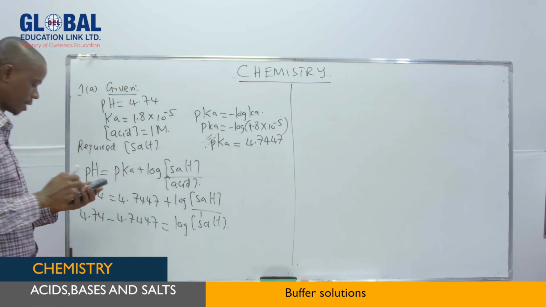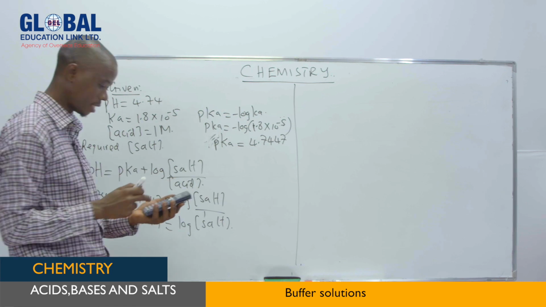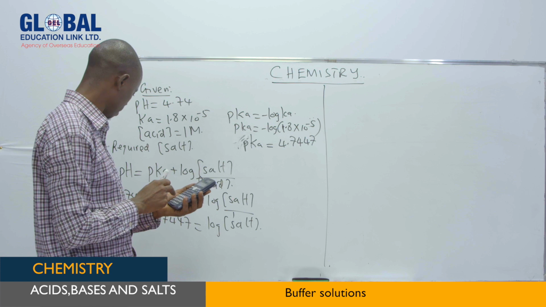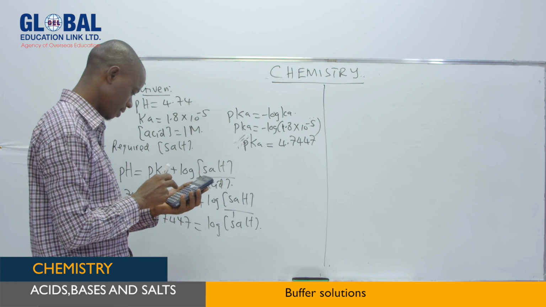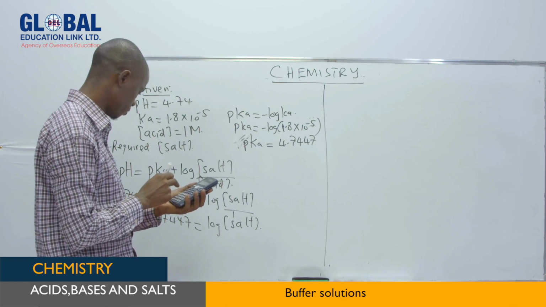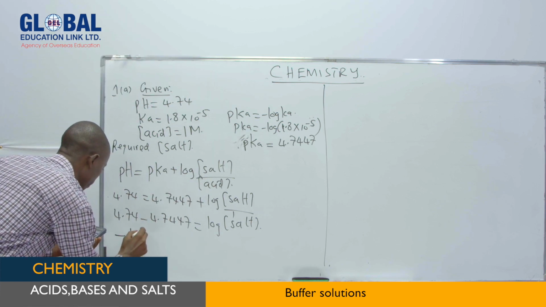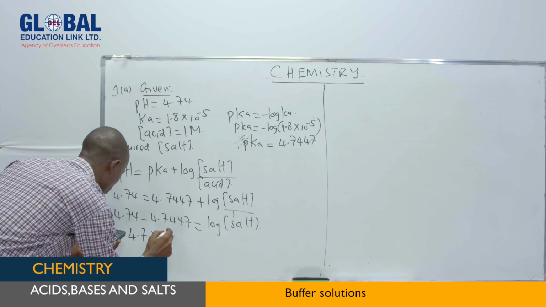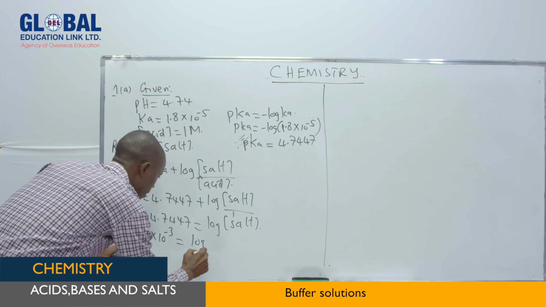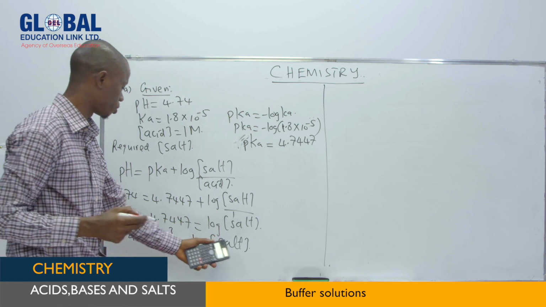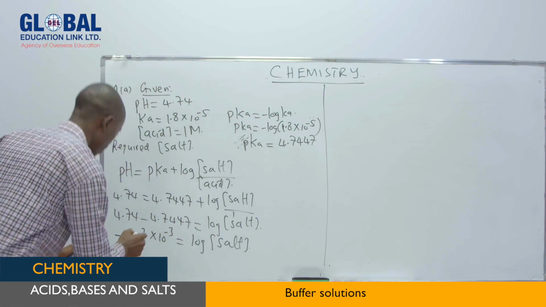Now you can subtract it there. When you take your calculator, 4.74 minus 4.7447 would be equals to negative 4.7 times 10 raised to negative 3. Now, to get the concentration of the salt, you inverse the logarithm.